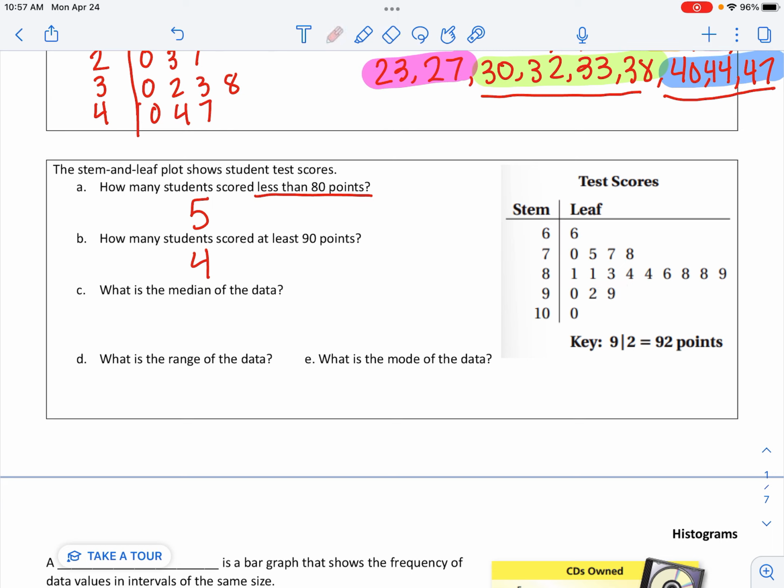This question wants to know the median of the data. Remember, median is the middle, so we need to find the middle number. So I'm going to cross these off as I go, until I get to the middle.